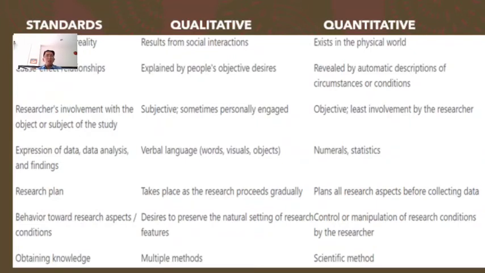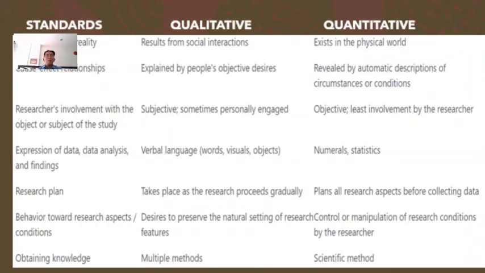In qualitative research, it's subjective. So it means that sometimes the researcher could personally engage with the object or the subject of the study. Okay. However, in quantitative research, there is the least involvement by the researcher or no involvement at all.